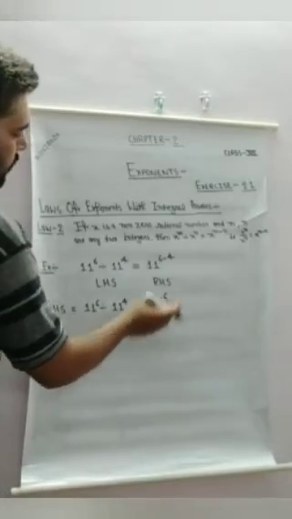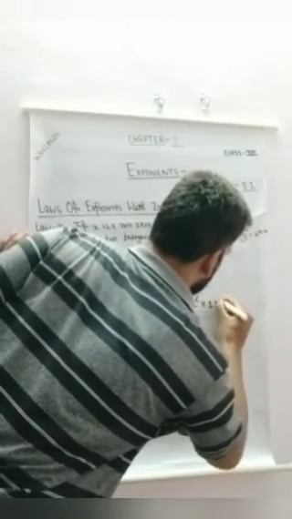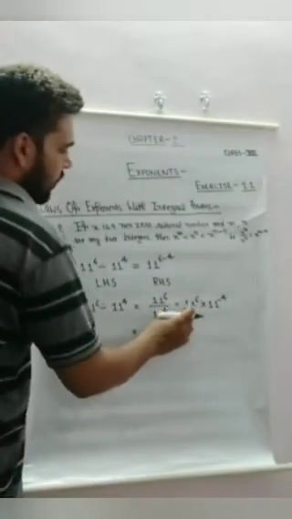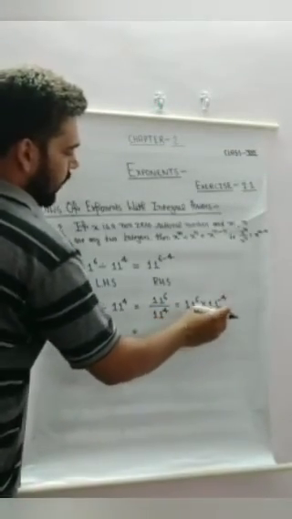11 raised to power 6 divided by 11 raised to power 4 we can write as 11 raised to power 6 into 11 raised to power minus 4.